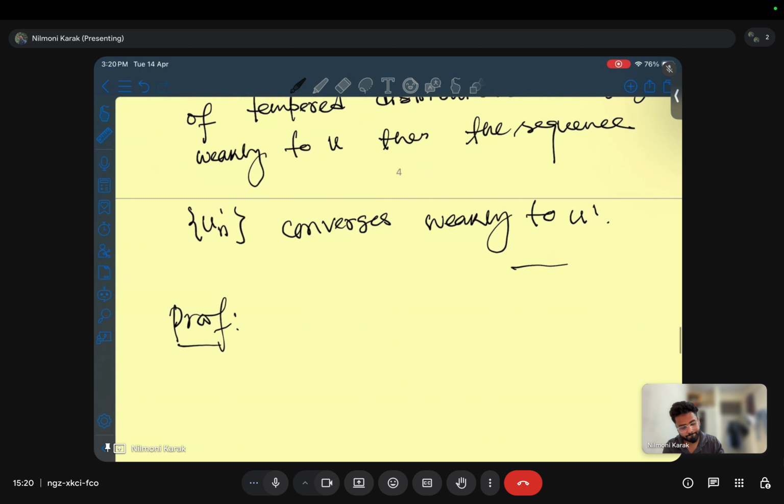So, to show the weak convergence, let G belong to S(R) be arbitrary.